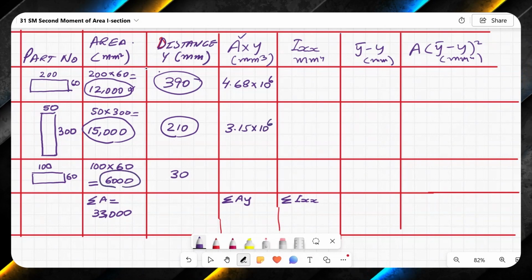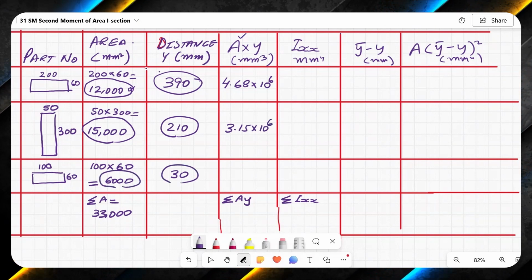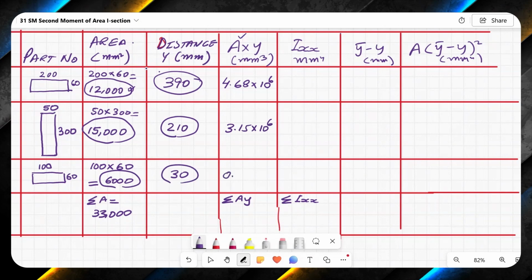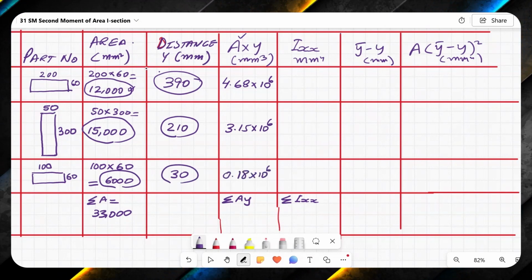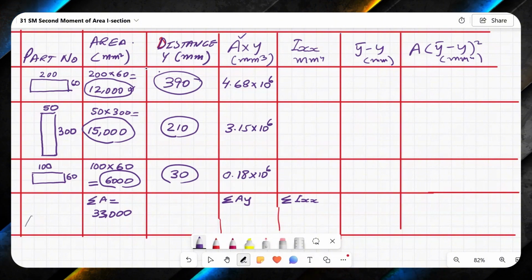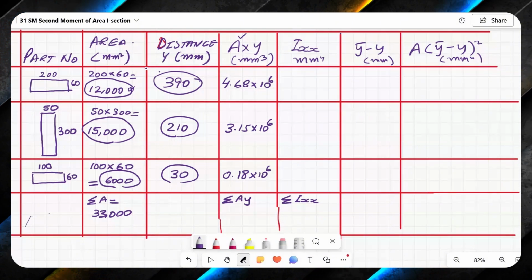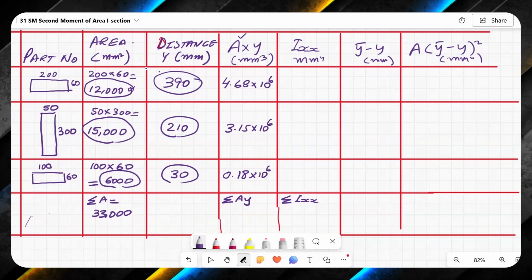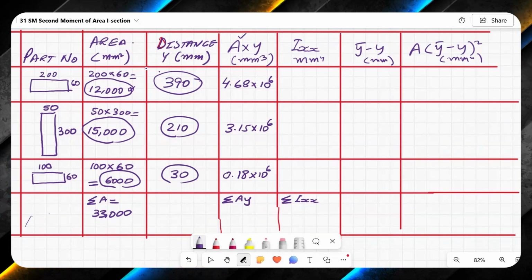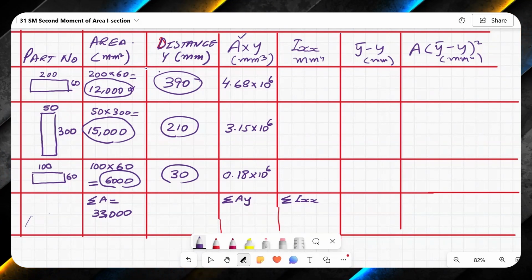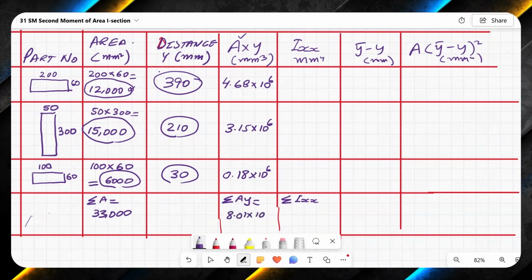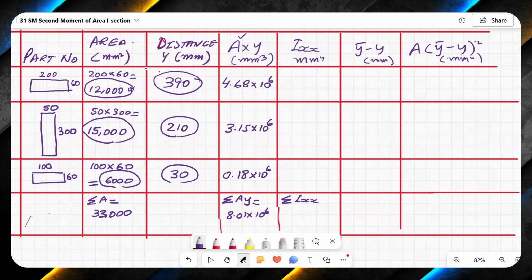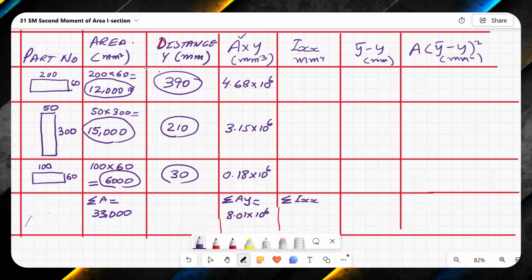When you multiply 6,000 with 30, you will get 0.18 into 10 raised 6. And you have to add them together. So 4.68 plus 3.15 plus 0.18. I'm getting 8.01. So this is 8.01 into 10 raised 6. Once I've got these values, then I will get Ixx.